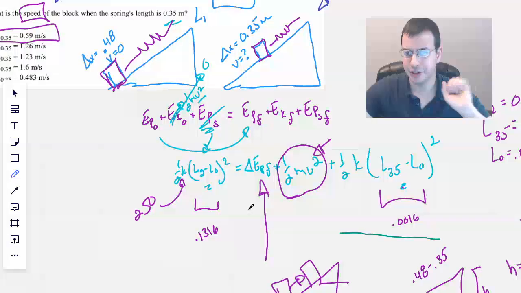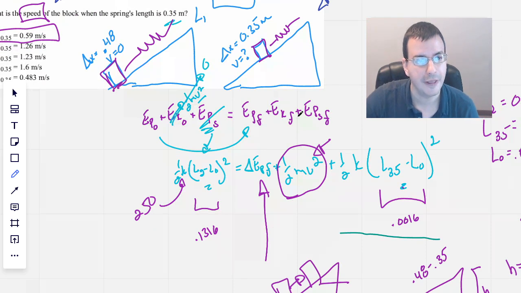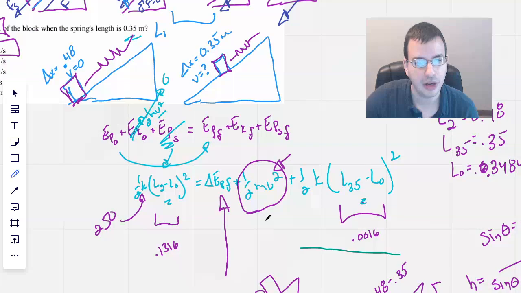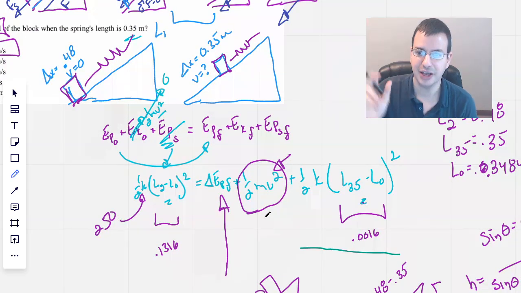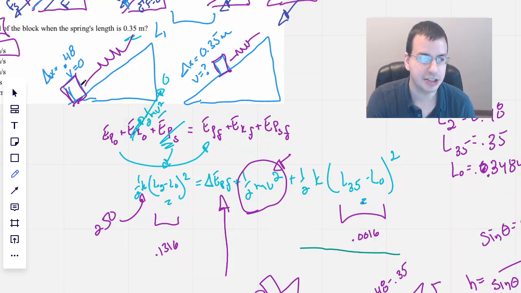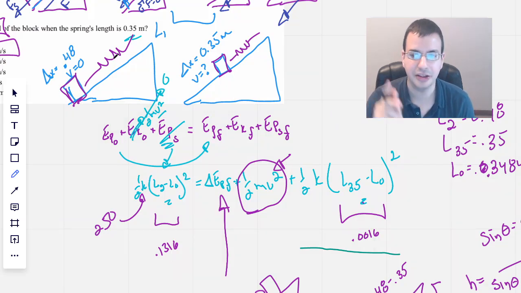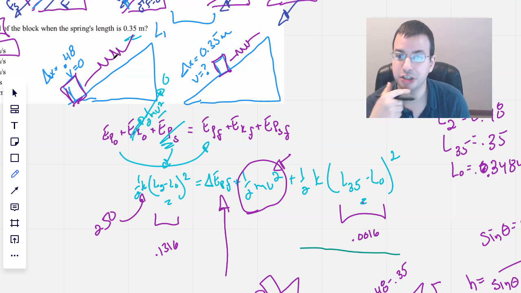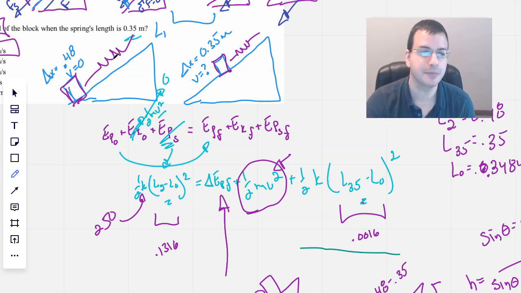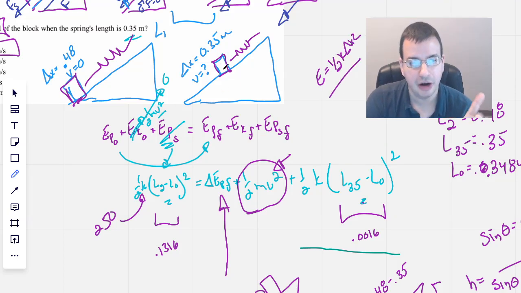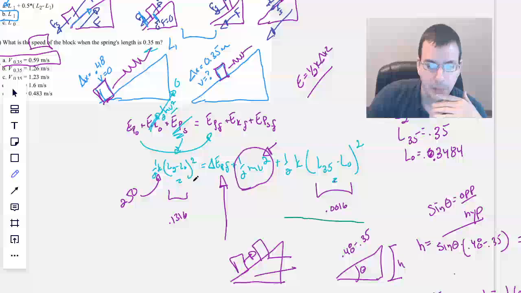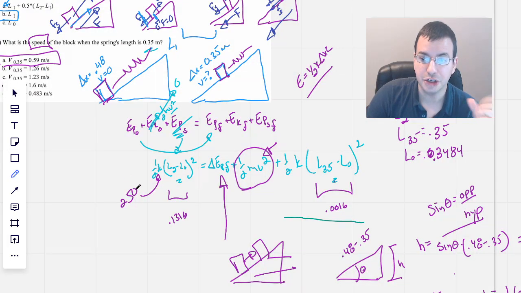You write everything out, try and keep track of your algebra, and at the end you find out the amount of energy left over after the spring has pulled the block up and expended a certain amount of energy, with the spring energy being 1/2 k delta x squared. You then find out that the final velocity is about 0.59 meters per second.